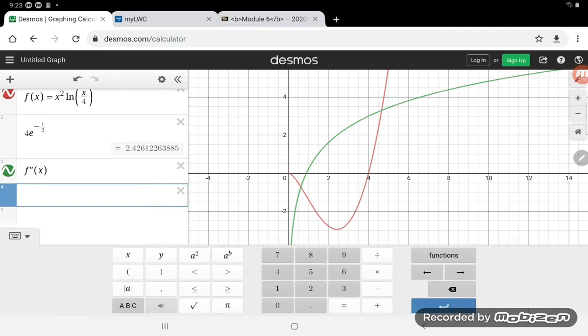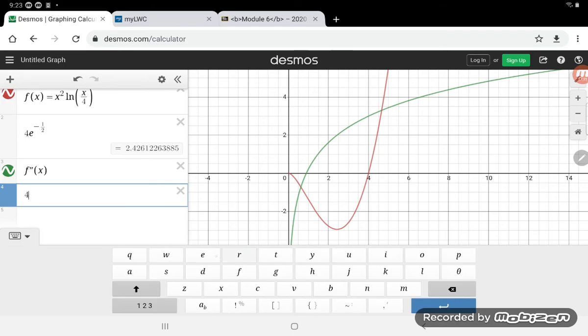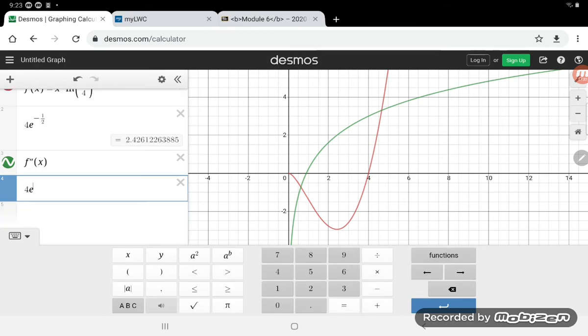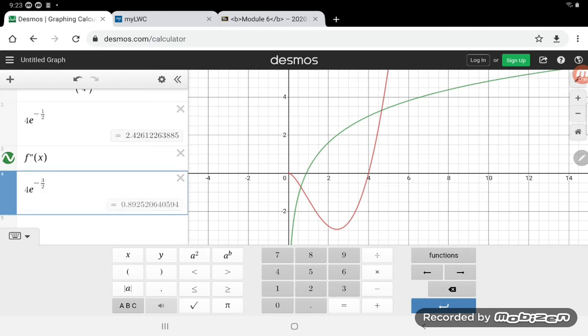And so, of course, the question is, well, what's 4e, there we go, to the -3/2. And you see we get our 0.893. So we found our numbers just dandy.